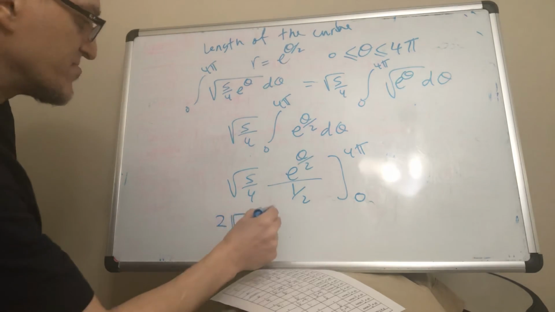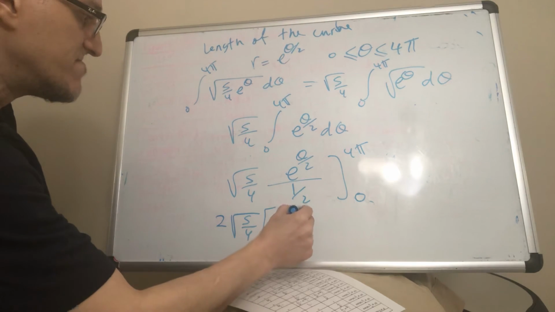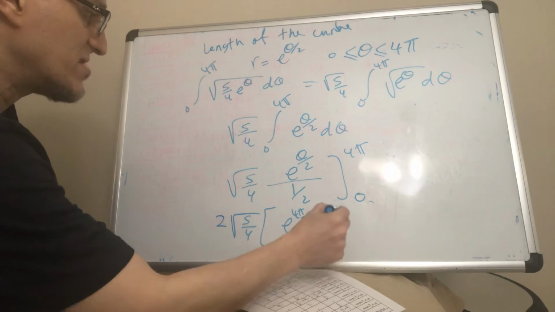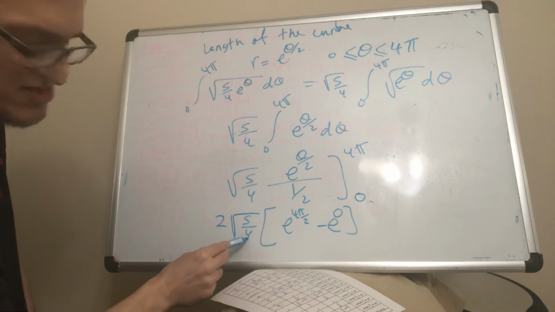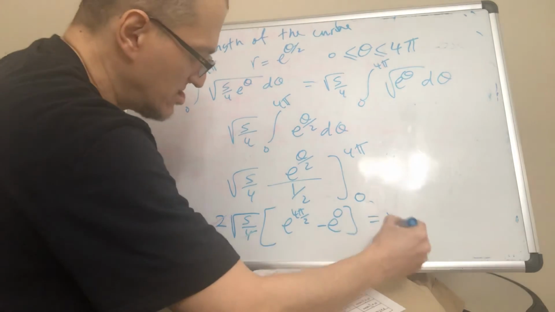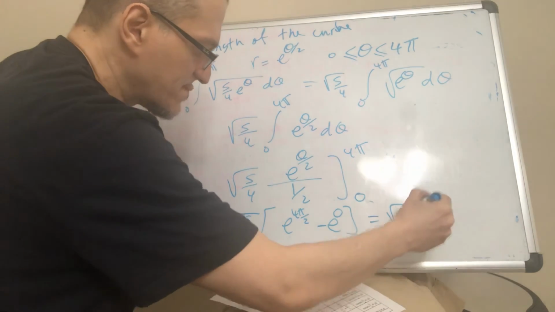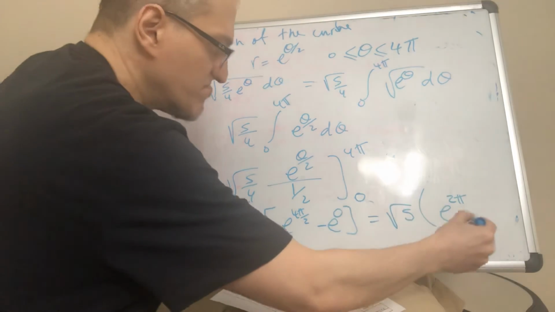You plug in 4 pi, and you plug in 0. In fact, since the square root of 4 is 2, these two cancel each other, so you have root 5 times e to the 2 pi minus 1.